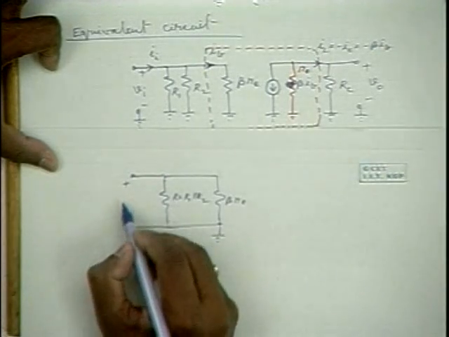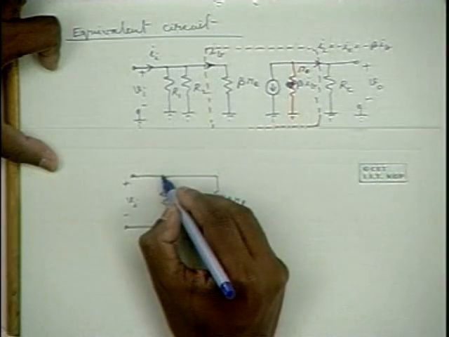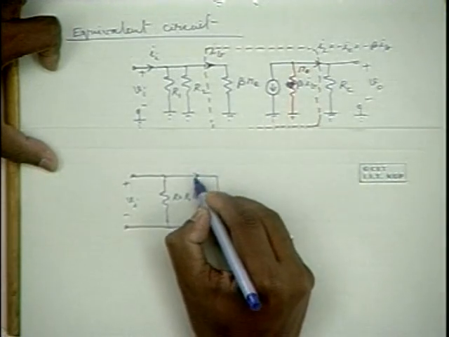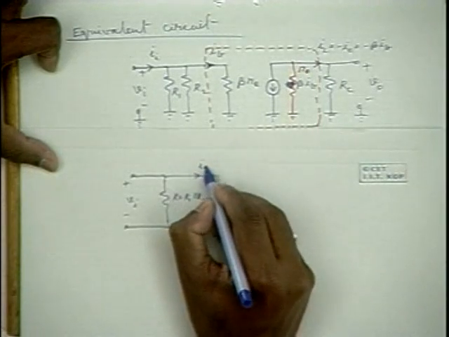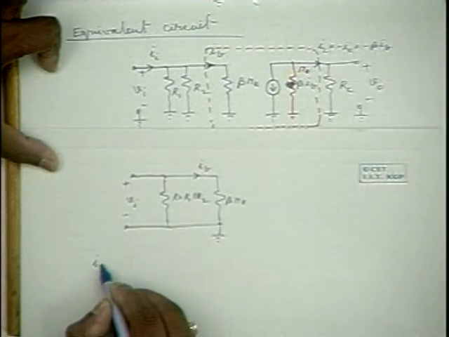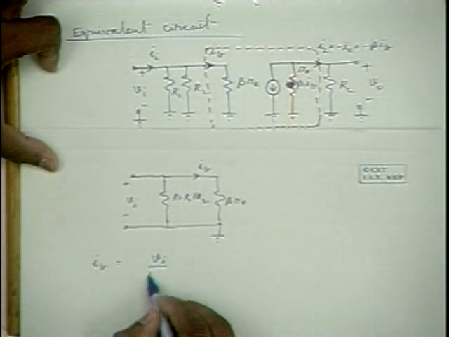Now, if the input voltage Vi is applied here, then the current IB is Vi divided by beta Re.